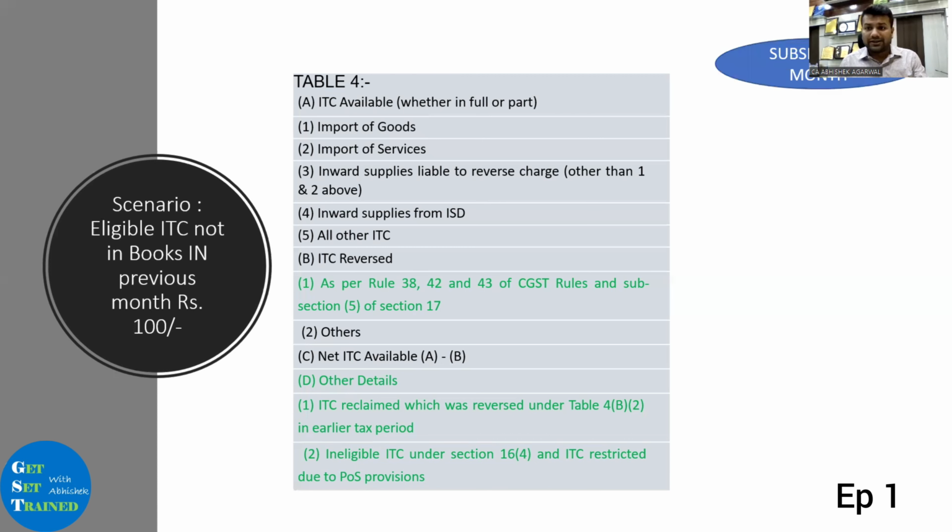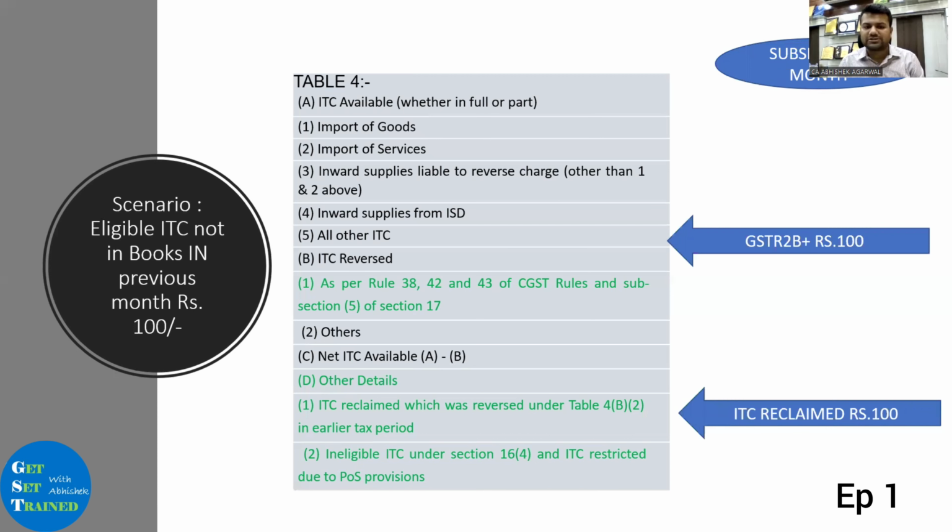Subsequently, in the next month, what will happen? When you are filing the returns for the month of July, you will add that amount. Let's say the ITC is 100 rupees. You will add that amount to 4A5 with the ITC of July. And you will disclose in 4D1 that this ITC I'm reclaiming, which I have reversed in 4B2 in the previous tax period.